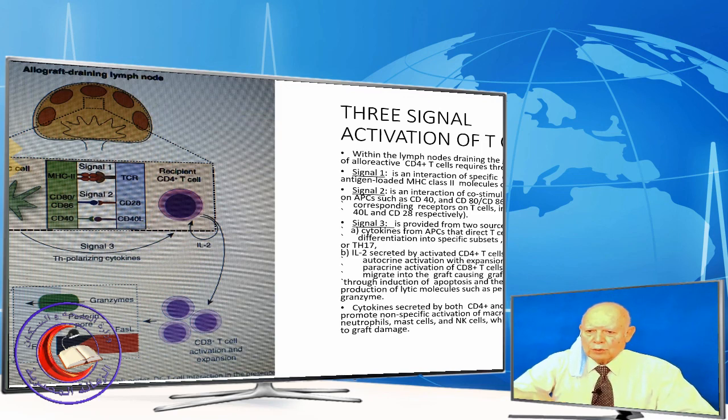Cytokines secreted by both CD4 and CD8 T cells promote non-specific activation of macrophages, neutrophils, mast cells, and natural killer cells, which also contribute to graft damage, as we have mentioned, and as illustrated partly in this picture.